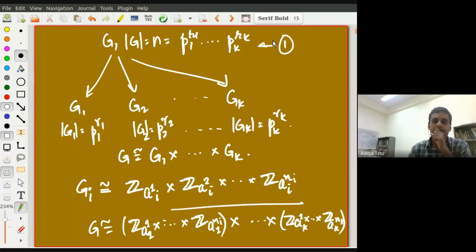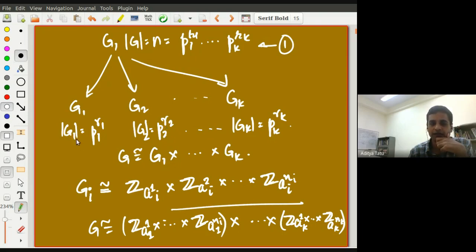Then what we are going to show is that I can decompose this group into a Cartesian product of some k groups, where k is of course the number of distinct primes that participate in the decomposition of this integer n. Each of these k groups will have exactly pi^ri elements.